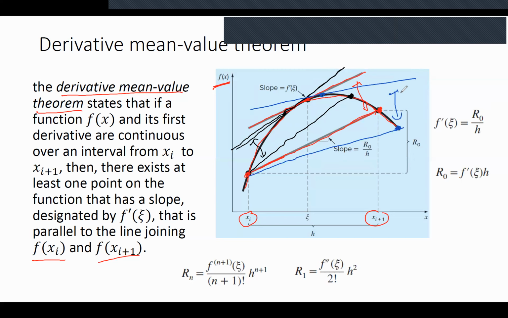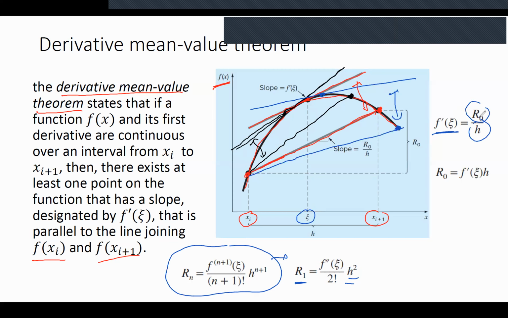And we can write from this the remainder R1 is going to be f double prime psi over 2 factorial times h squared, and the derivative at any psi, so the slope here, is simply R0 over h.